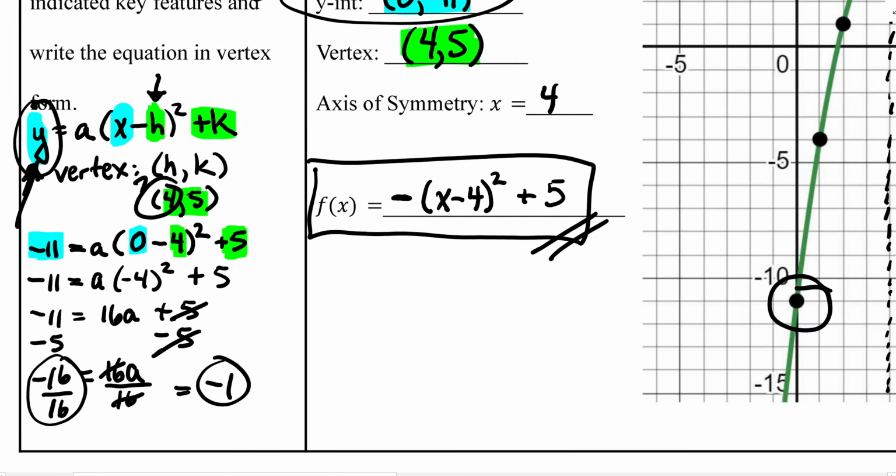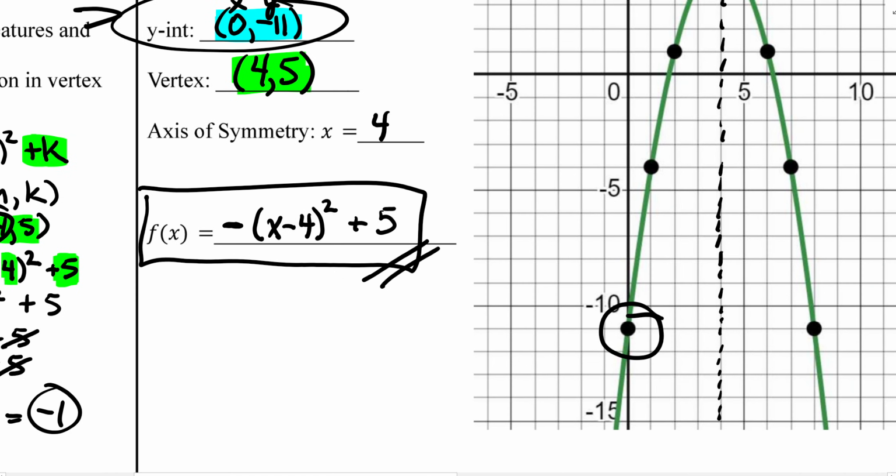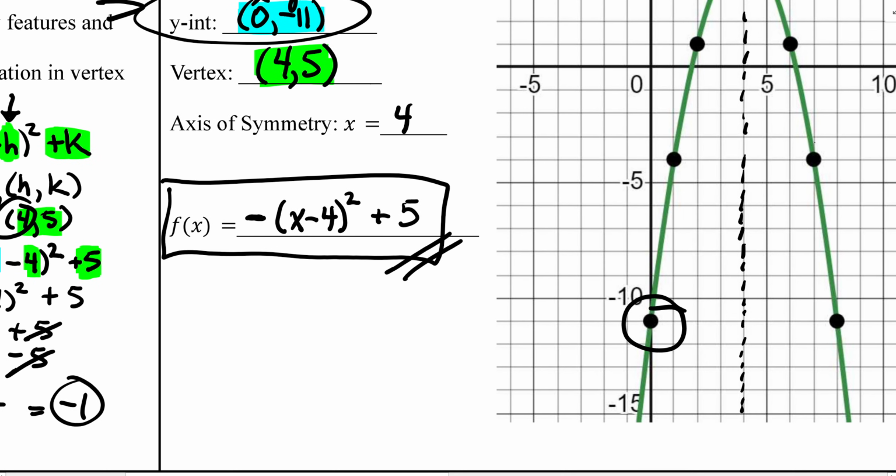One quick word here. If you took any one of these points, like let's say this point right here is the point 5, 6, 7. That's the 7 over to the right, and it's down 1, 2, 3, 4. So this is the point 7, negative 4, where x is 7 and y is negative 4.